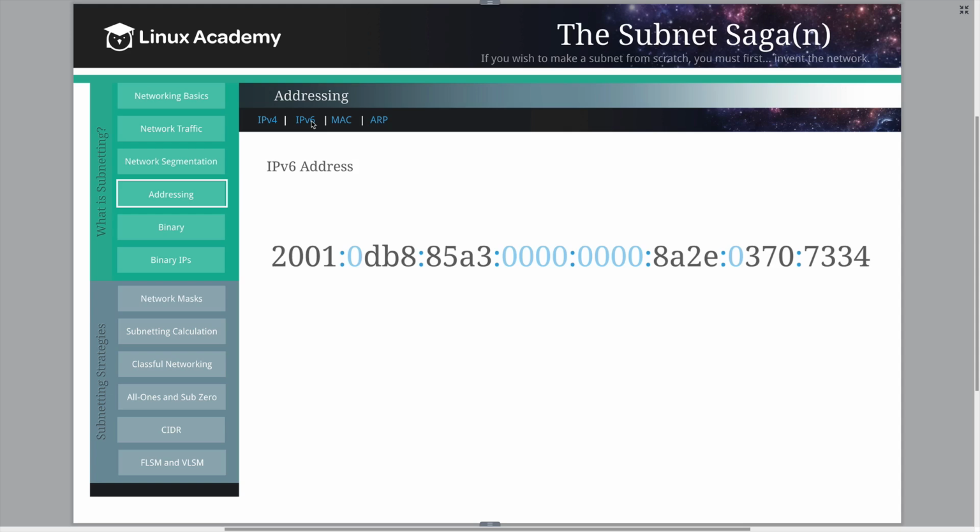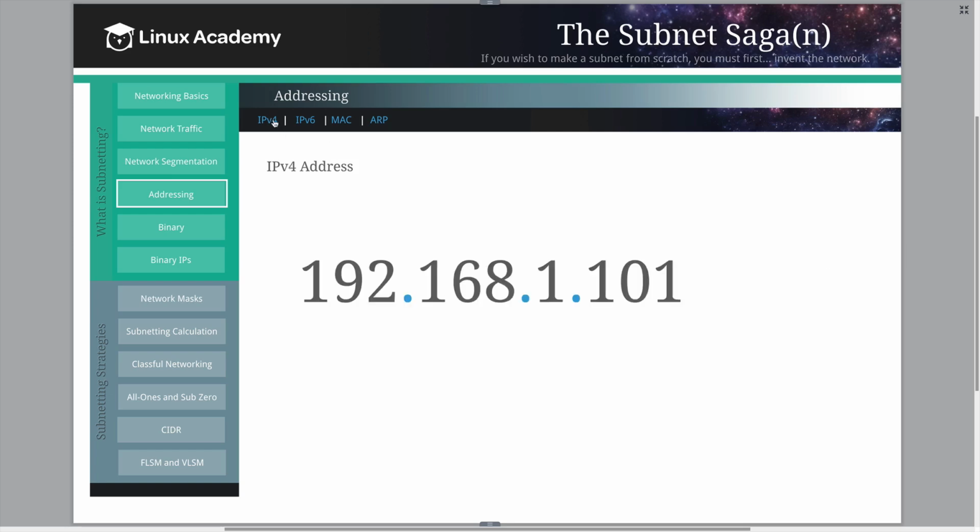And if we look at the address, it is a little longer than a regular IPv4 address. You're not going to be able to memorize something like this very easily. The one thing that we can do to make it look a little less long is everywhere there is a leading 0, so just like on our original example, 192.168.1.101, we could read this as 192.168.001.101.